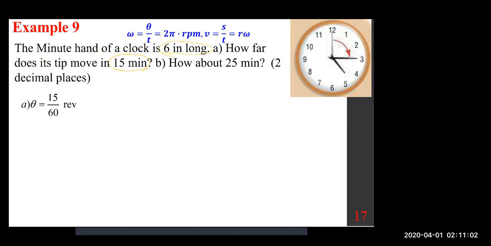Now, for 15 minutes, we know a whole revolution consists of 60 minutes. So it's 1/4 of a revolution, 1/4 of 2 pi, and therefore we have a radian measure of pi/2.